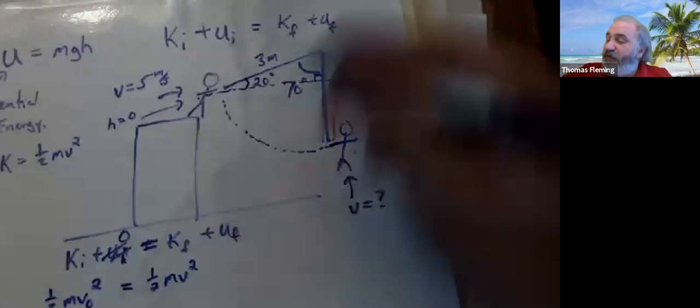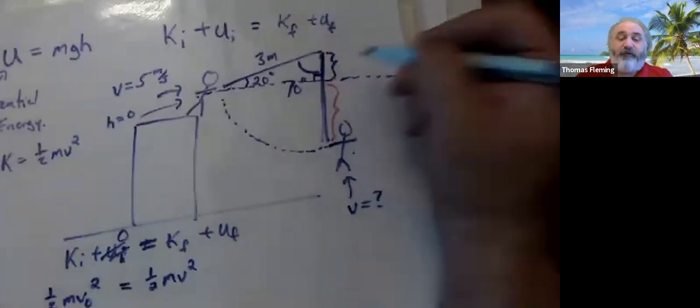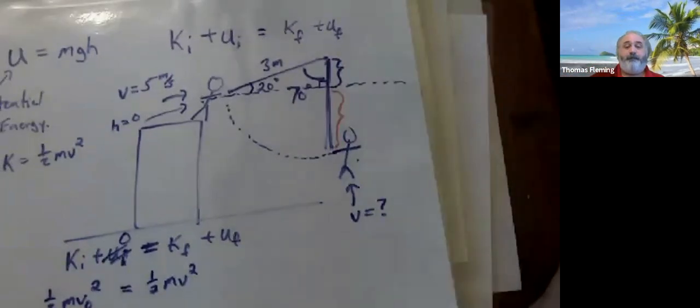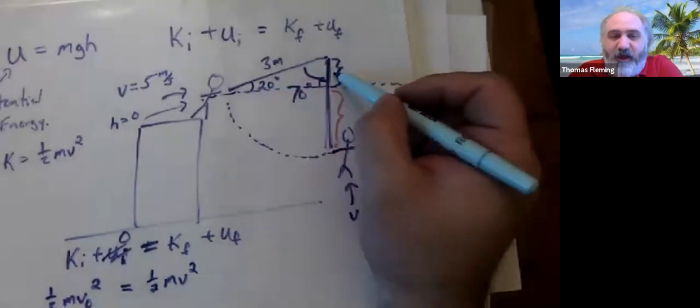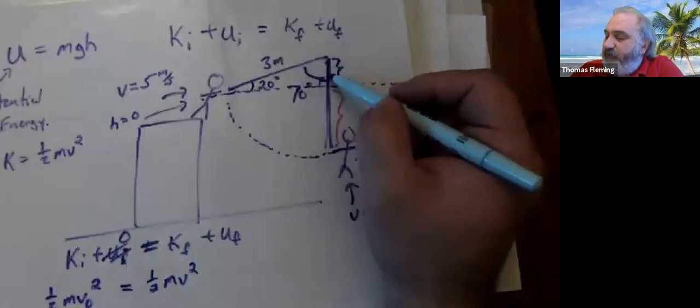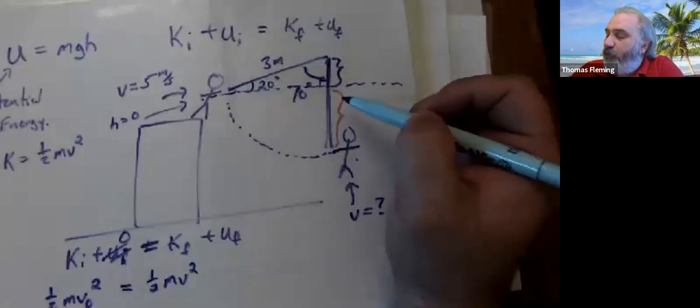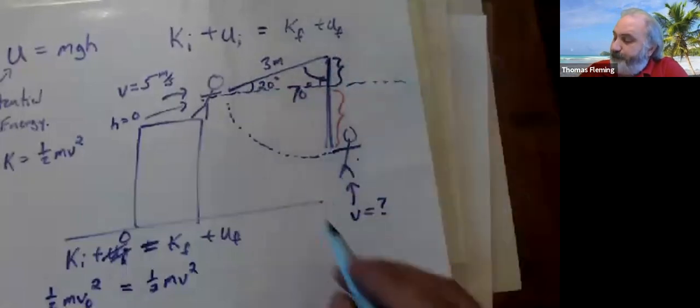But if I know that this is 3 meters, I could figure out how far that is. Now, how will I do that? SOHCAHTOA, sines and cosines. I can either use the 70-degree angle and call that the cosine of 70, or I could use the 20-degree angle, use the sine of 20. Let's use the cosine. Why not?